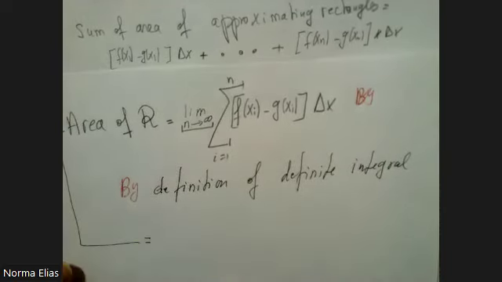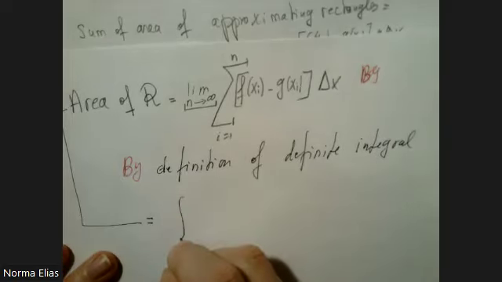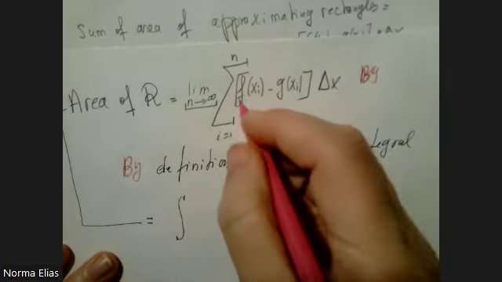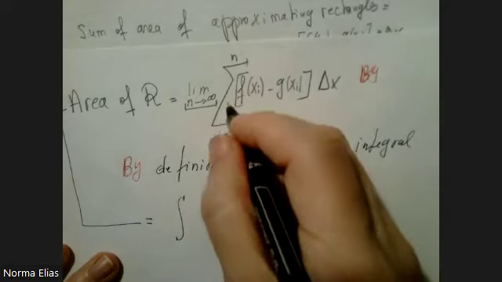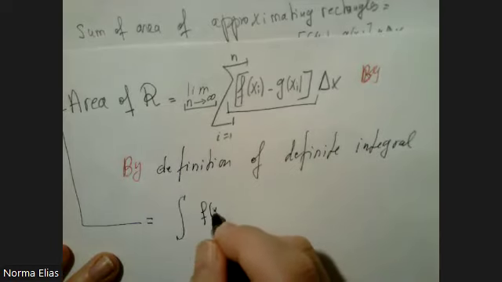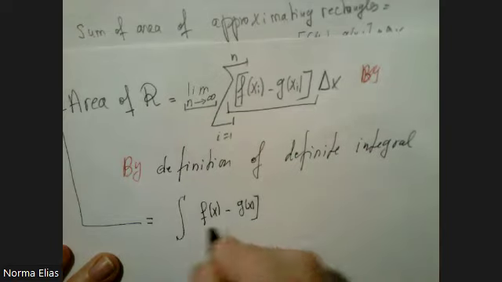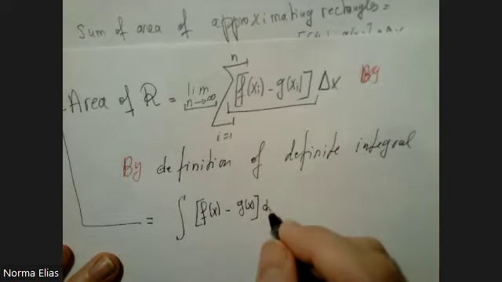The sum is the following. Now I'm using the definition. It looks exactly like the integral. This is the function in question right there, f of x minus g of x dx. So it's the same formula we had geometrically.